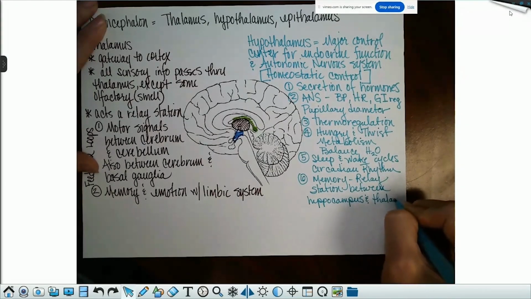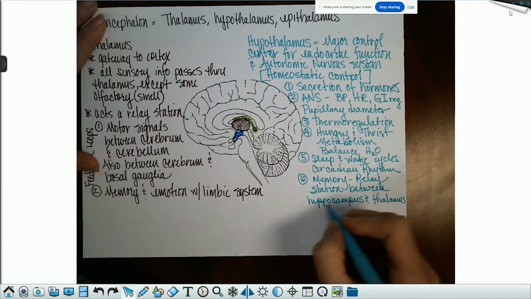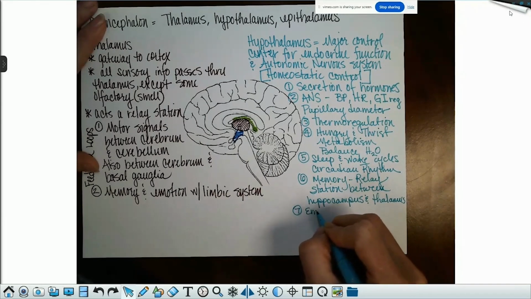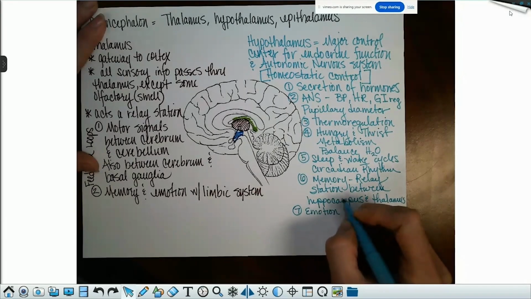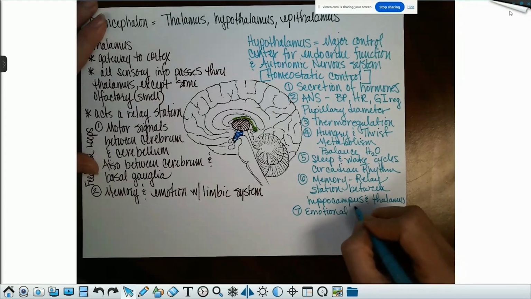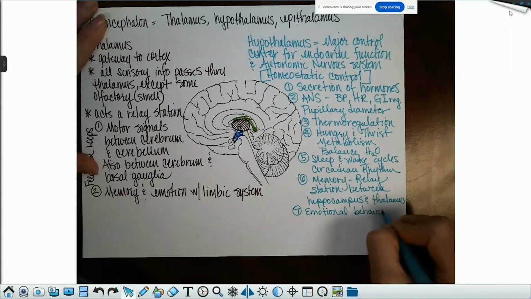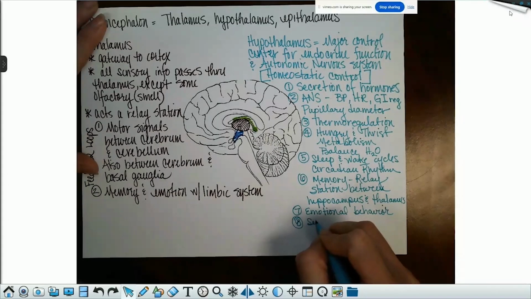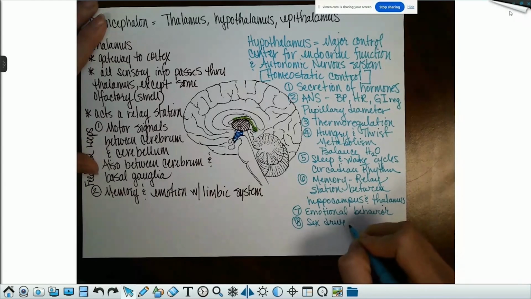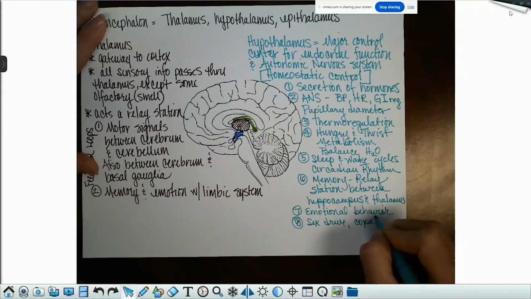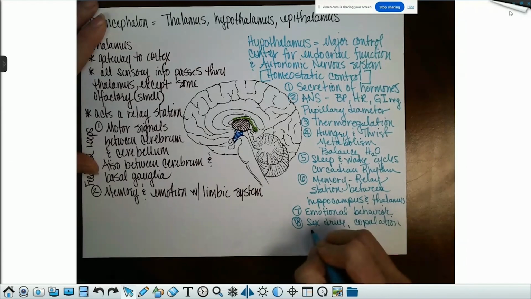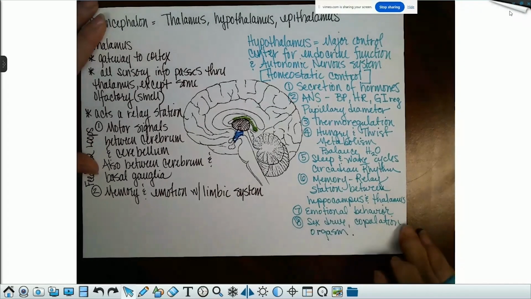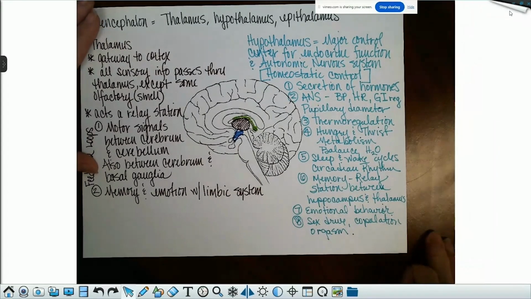So a relay station for those two. Emotion. This is where it starts, that emotional behavior. This is where it starts. Your sex drive, copulation, and orgasm. So it is involved in all of these primitive functions of the body.